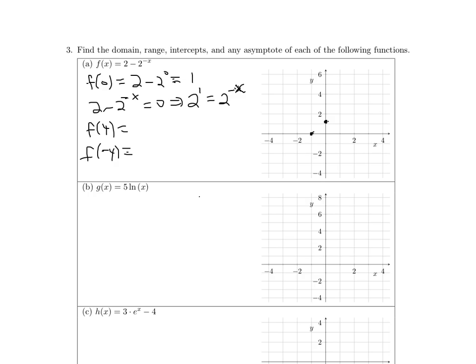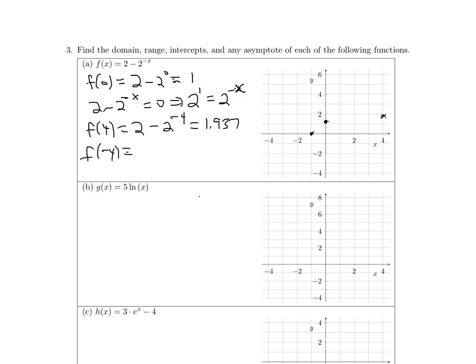So f of 4 is 2 minus 2 to the negative 4, which if you put it in your calculator is 1.9375. So 1.94-ish. So that's out here.